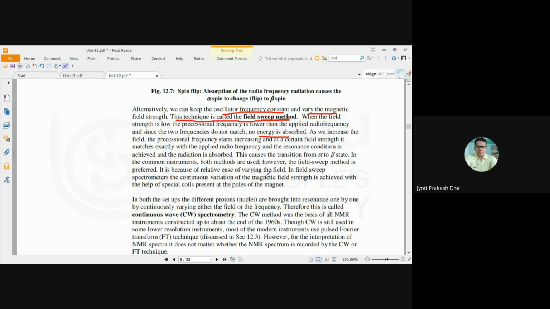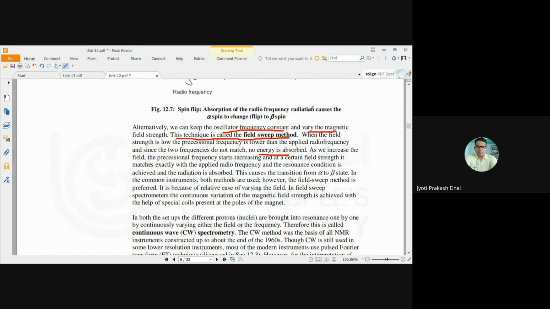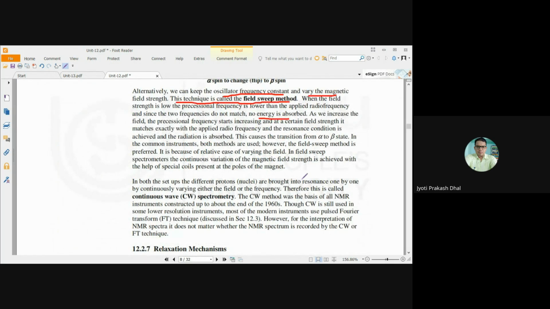In a common instrument, both the methods are used, the frequency sweep method and the field sweep method.